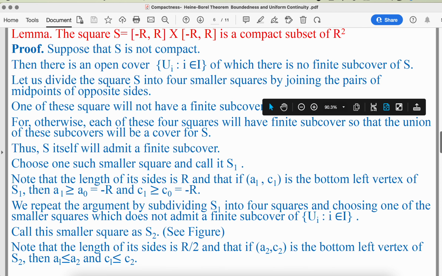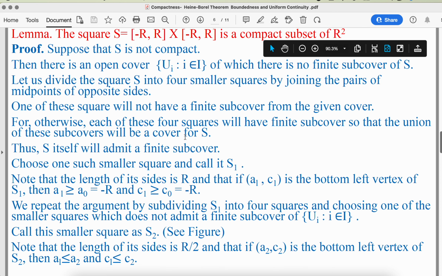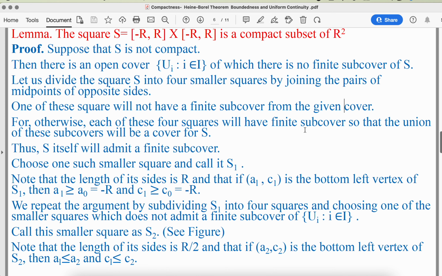So suppose one of these squares will not have a finite subcover from the given cover, because we have assumed that S is not compact. For otherwise, each of these squares will have a finite subcover, so the union of these subcovers will be a cover for S. Thus S itself will admit a finite subcover.